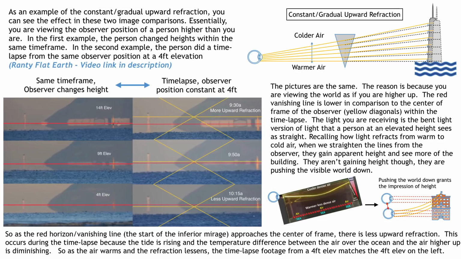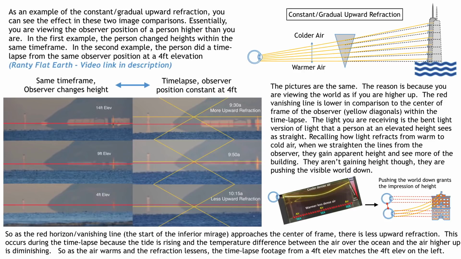So if you draw diagonals across the screenshot, you can create that point where the center of frame is for the observer. And so you can see how the red line has this inflection or inversion point, and you can use the distant mountain as the inversion climbs to meet that point. But what's very interesting about this is a couple things. So first, when you compare the 14-foot elevation to the 4-foot elevation at 9:30 a.m., they're essentially the same.